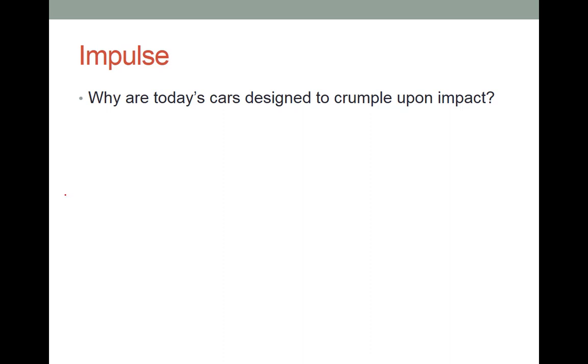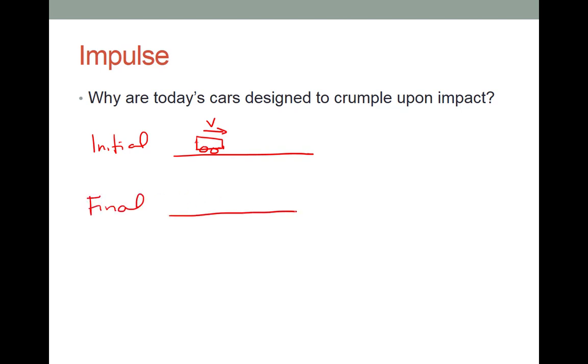That's a choice. So what we have is, for example, a car driving down the road at some velocity v, and then something happens, and let's say the car has an unfortunate impact with a tree.